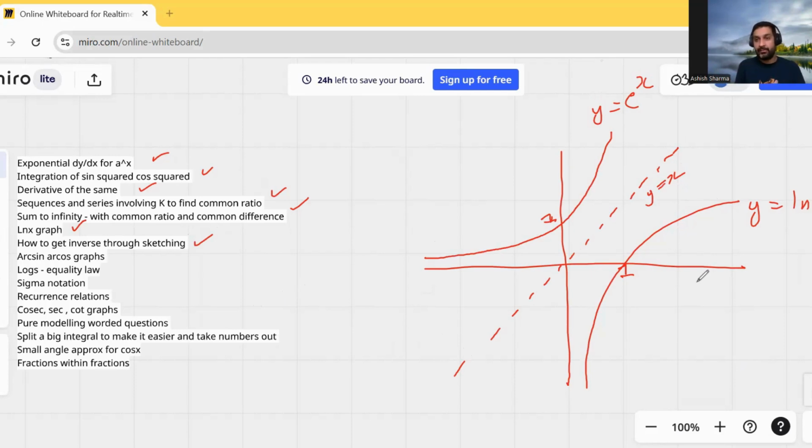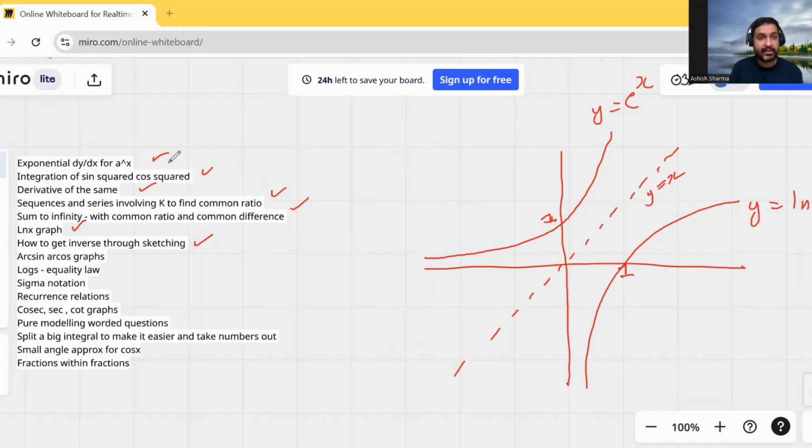So if you're ever asked in pure one or pure two across those two papers to draw the inverse graph, then you have to reflect it in the line y equals x. That's how you generally get the inverse. Okay, so I've tried to do two birds with one stone here. Remember the log graph, and generally speaking, how do you get the inverse through sketching?